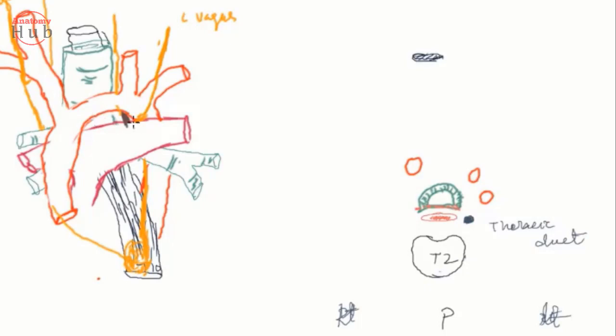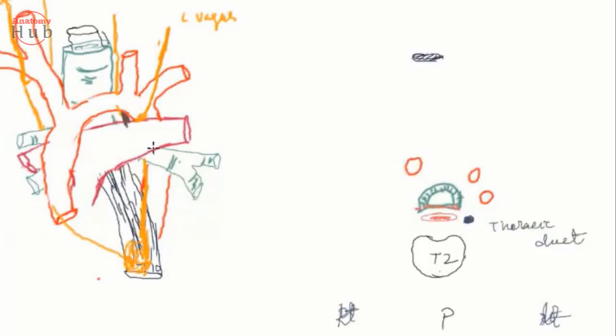At this point, at the root of the lungs, here we'll find the root of lungs. So at the root of lungs, it makes a plexus over here, and here it is known as the pulmonary plexus.